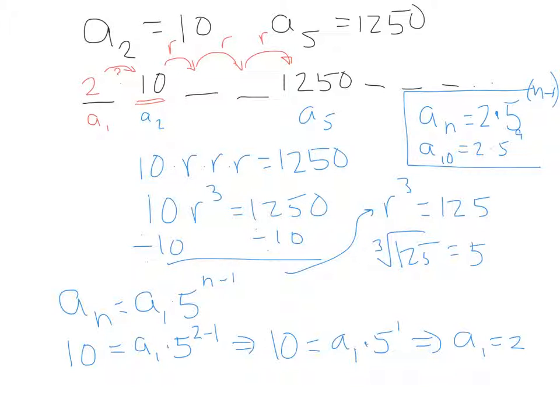So there's lots of ways that it can kind of look a little funky, but with a little bit of practice you can do this. And this allows you to just kind of picture the sequence and follow each multiplier, determine what the multiplier is, and then determine the initial term. Okay?